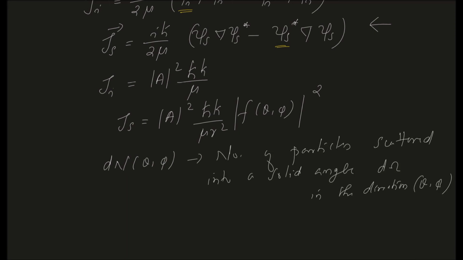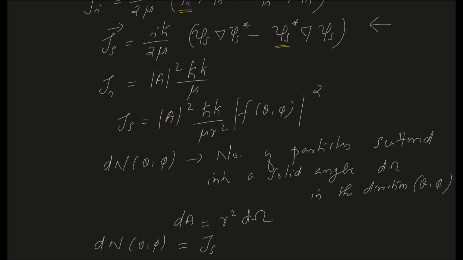So this is the number of particles scattered into a solid angle d omega in the direction theta phi and passing through a surface element dA, a small area, and dA is given by r square d omega, per unit time.